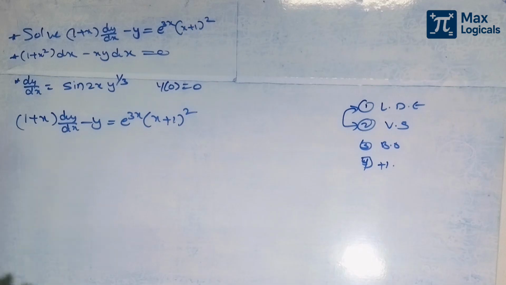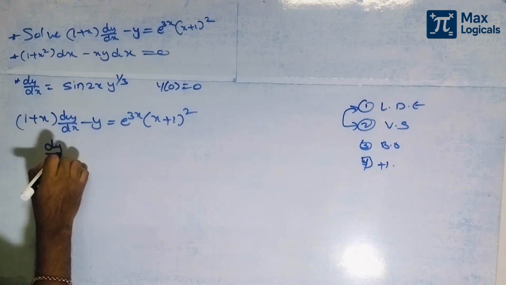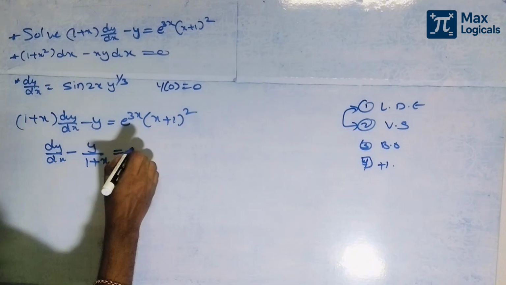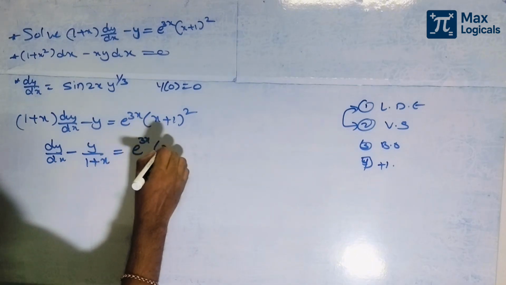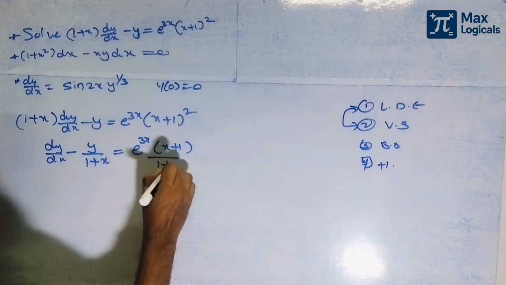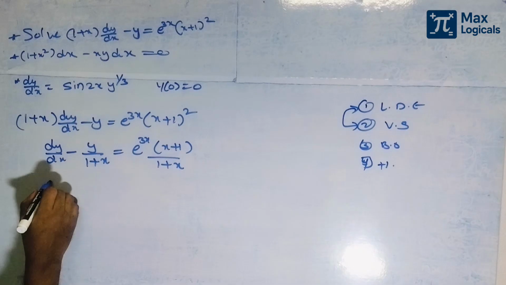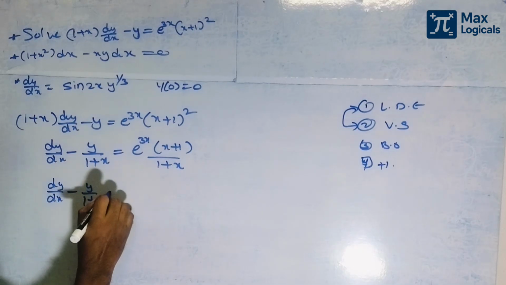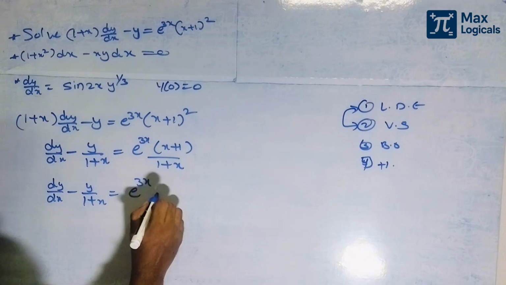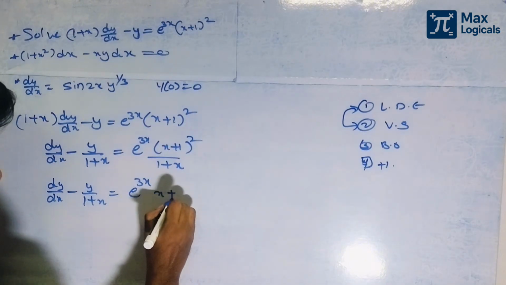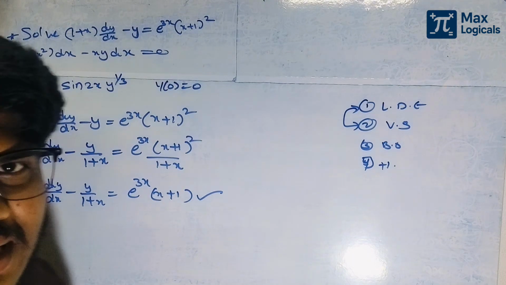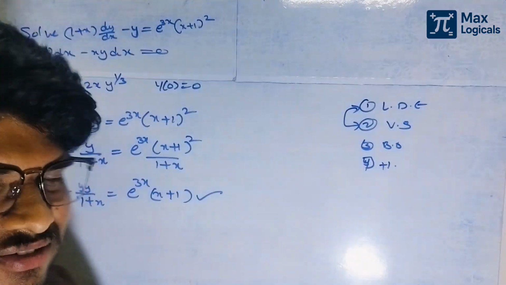Now let us solve it. Dividing by 1 + x, we get dy/dx - y/(1 + x) = e^(3x) (x + 1). This is my differential equation, and it looks like a linear differential equation.